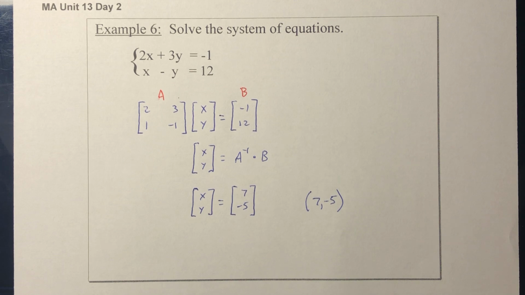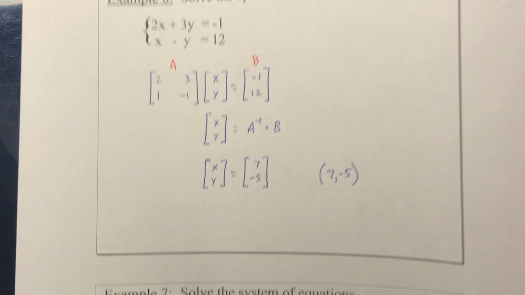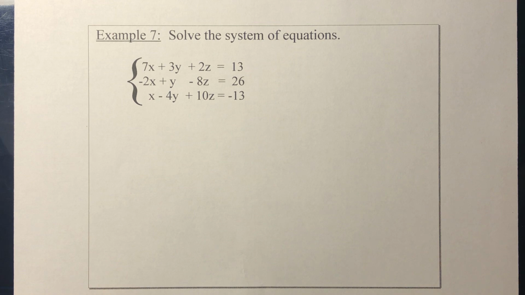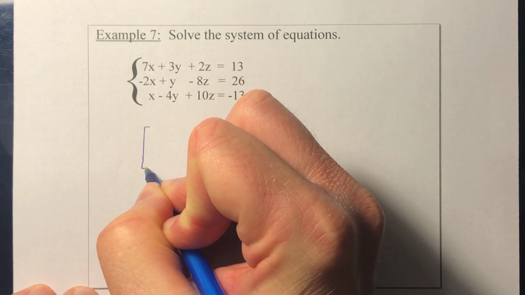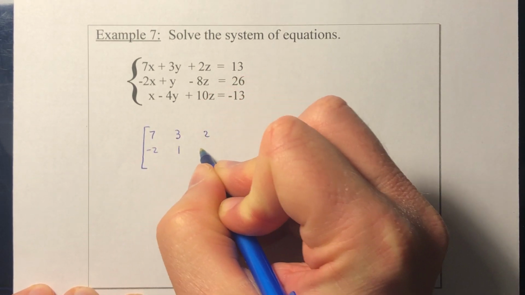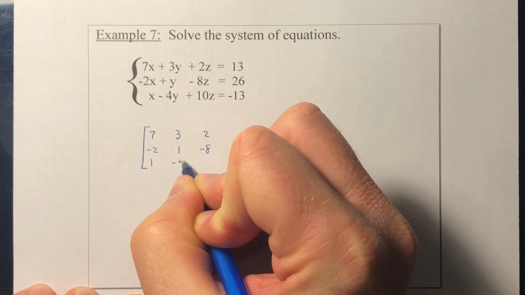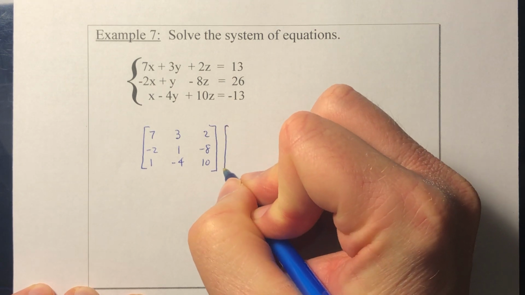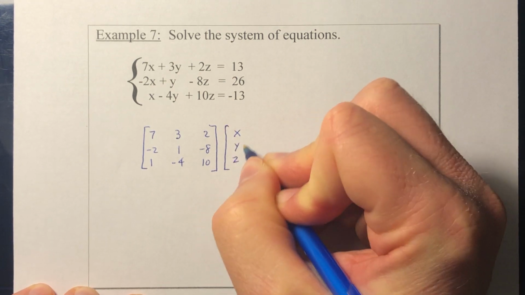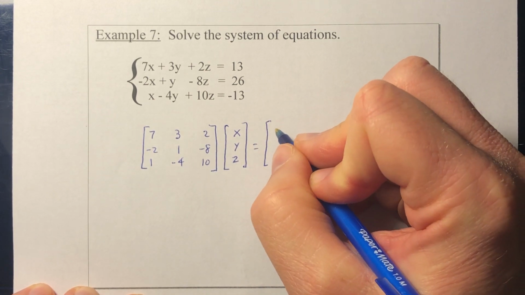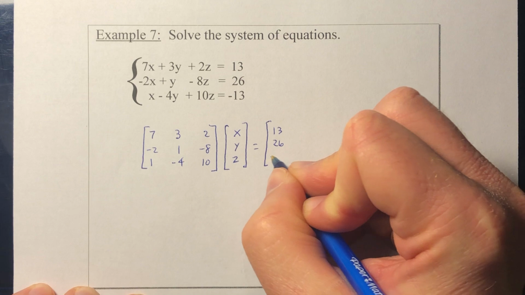Now I'm going to show you a little shortcut here. This is where our friend Ralph, our calculator, comes in handy. What if we had something like this? Okay, so let's first set it up. There's your coefficient matrix. We've got our x, y, z, the variable matrix, and then your constant matrix.